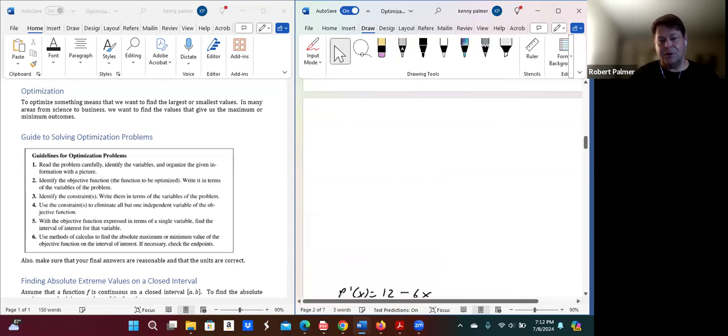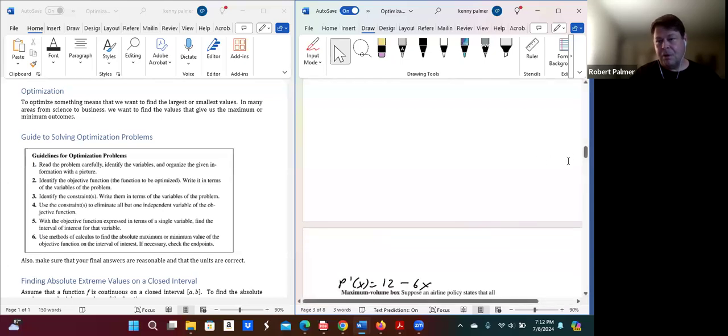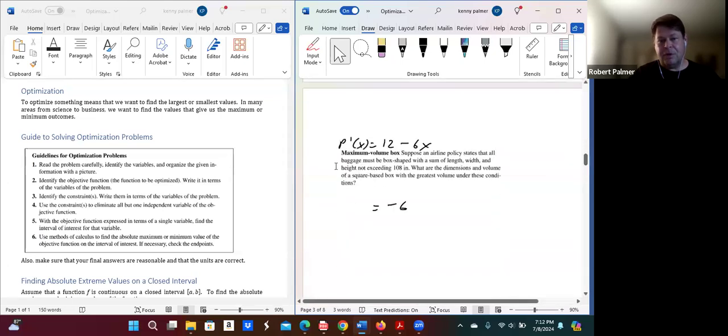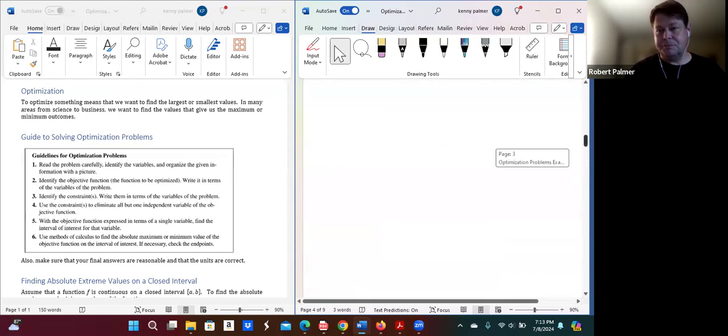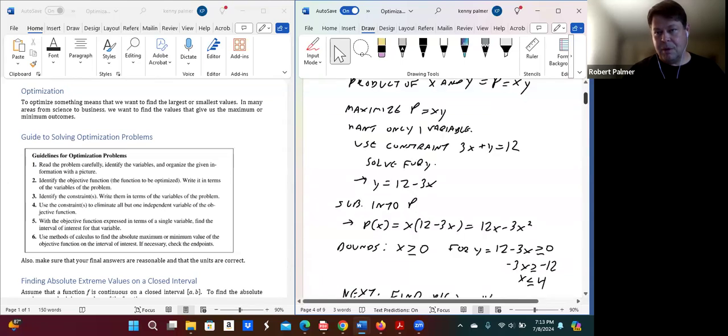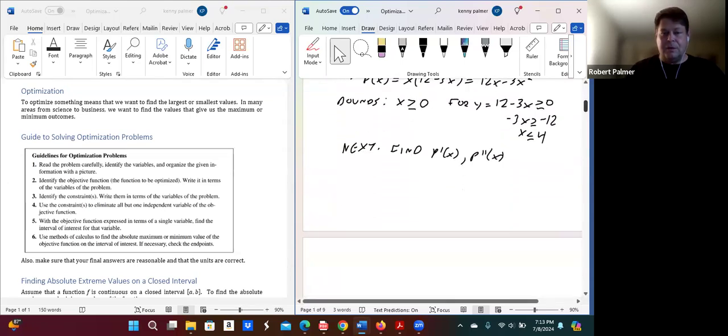Go ahead and get a whole new page. Let me just delete this. Give me just a moment to sort this out. I thought I had enough room there for this problem, but I didn't. Okay, let's go back up here. Now I have more than enough room. Okay, so let's just write that again.